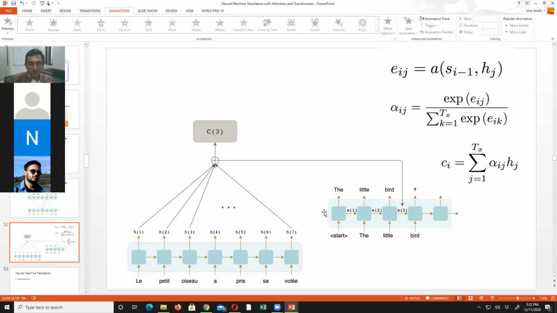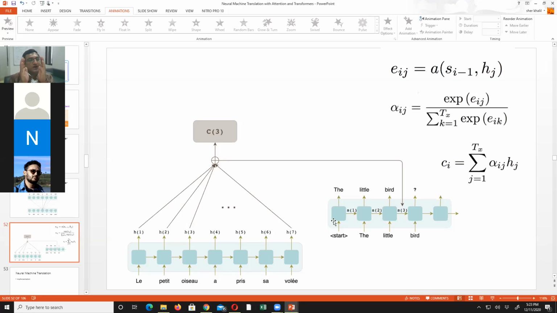We say that when you give S0 and you've got nothing at the input, remember we are in the training phase. When you are in the training phase, you delay the translated sequence by one vector. Why do they say it? Because we want the network to do the prediction.